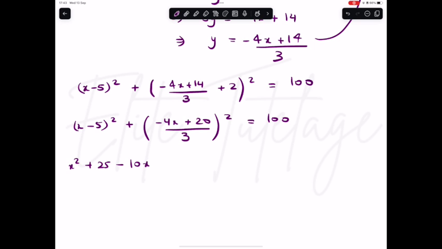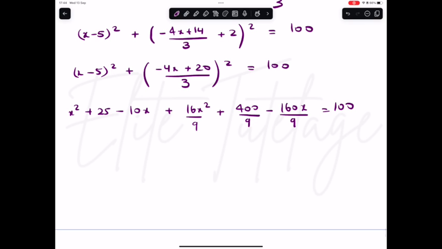Now expand the brackets, and I'm going to end up getting 400/9 minus 160x/9 equals 100. Multiply everything by 9. So I'm going to get really large numbers, but that's okay because they can simplify.